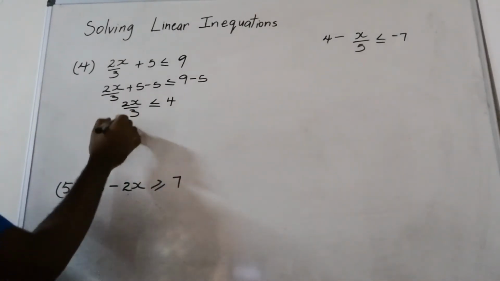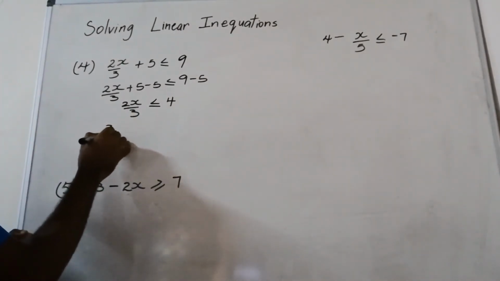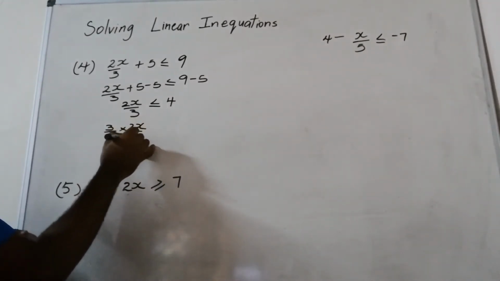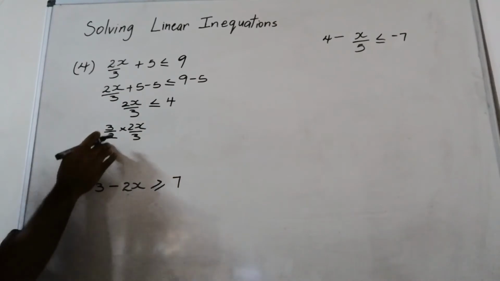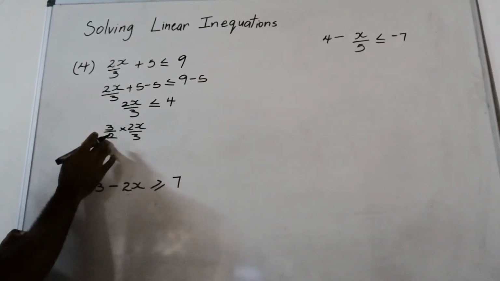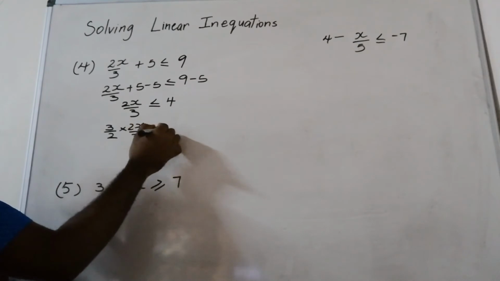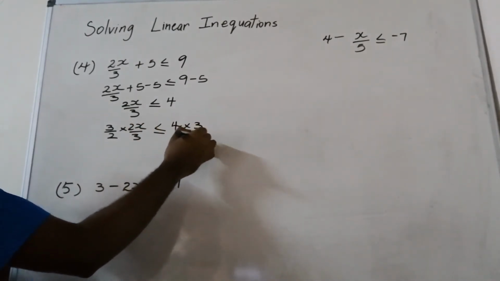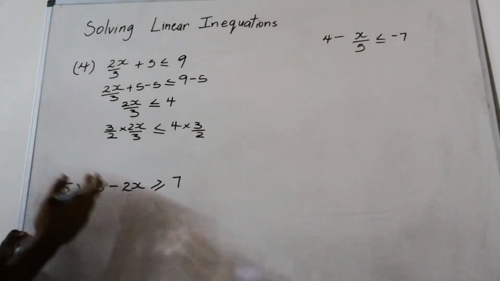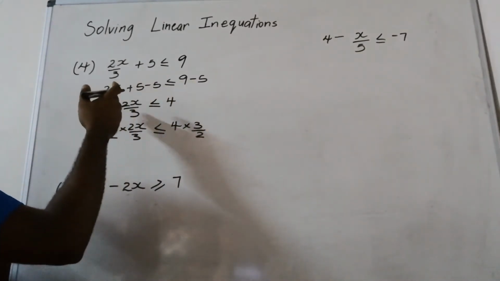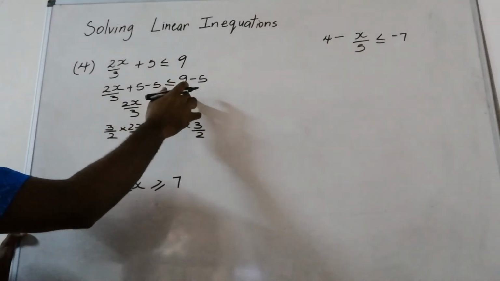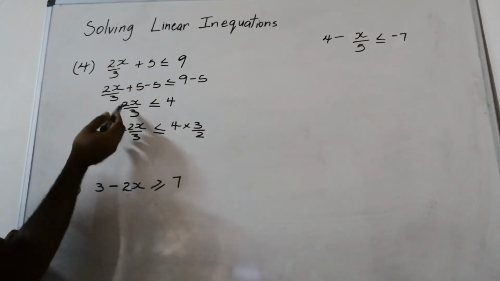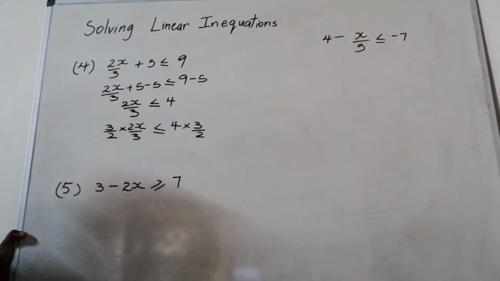So 2 over 3, we multiply by 3 over 2 times 2x over 3, and since we multiply by 3 over 2 here, by 2 over 3, it's less than or equal to 4 times 3 over 2. So if we want, we could take it one number at a time, multiply, then divide. But what we can do also is multiply by the reciprocal of our fraction there.